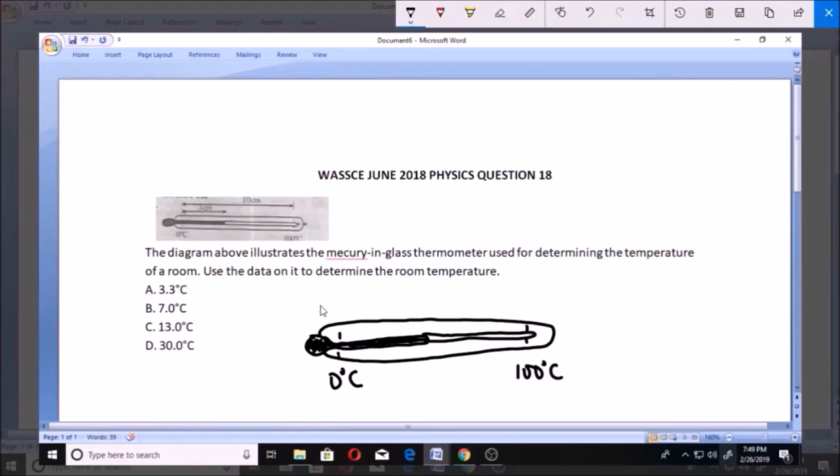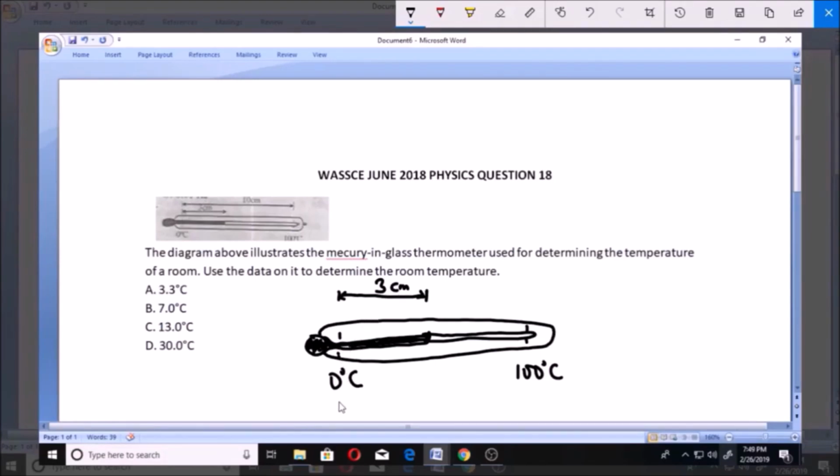Now from this 0 degrees to the point where you have the mercury level, we have 3 cm. Very, very important. 3 cm.